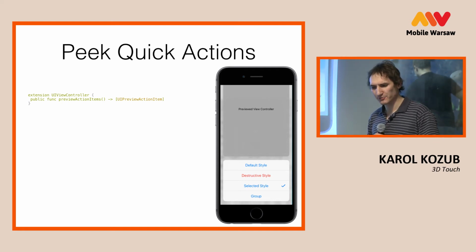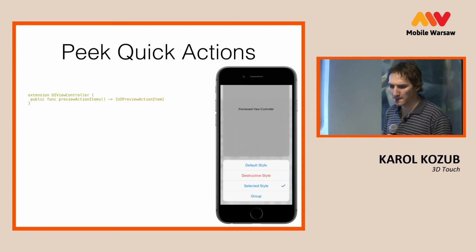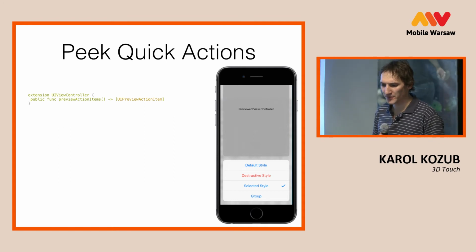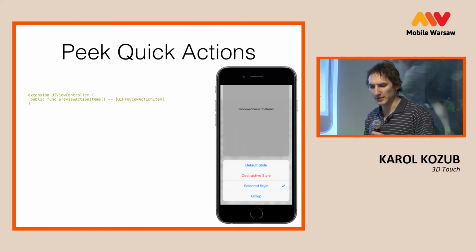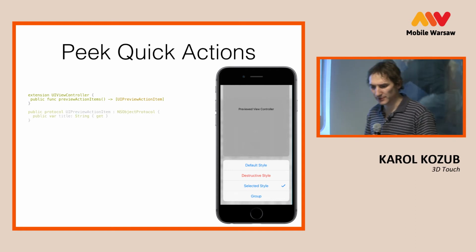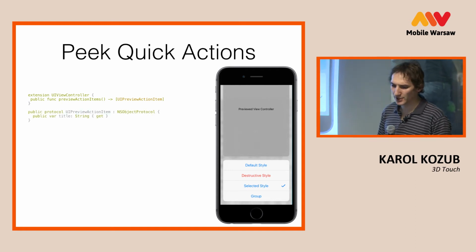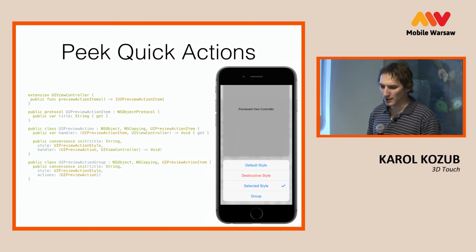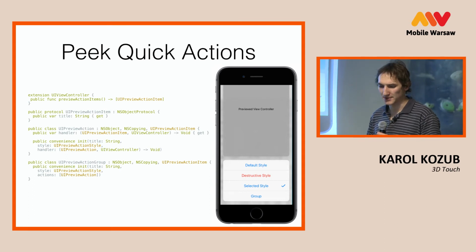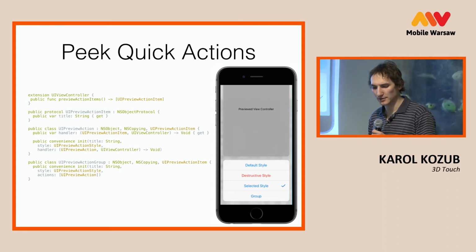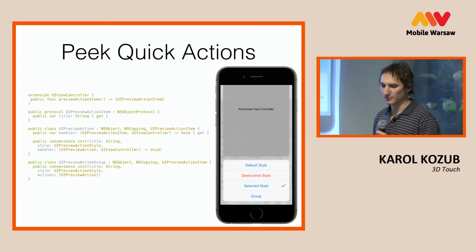And the previewed view controller can override the method previewActionItems and return from it an array of UIPreviewActionItems. UIPreviewActionItem is a protocol which is adopted by two classes, UIPreviewAction and UIPreviewActionGroup. UIPreviewAction has a title, style, and handler. UIPreviewActionGroup has a title, style, and an actions array.